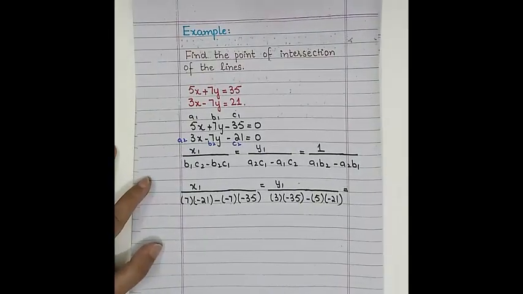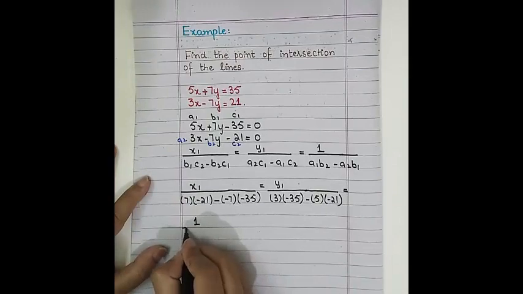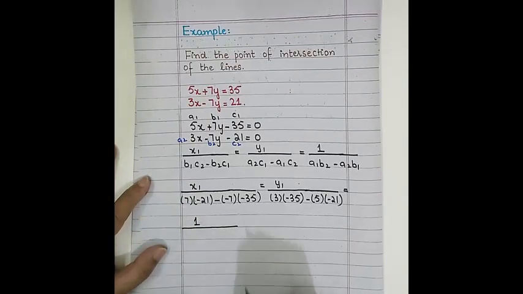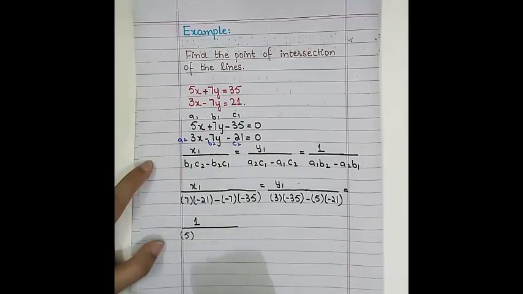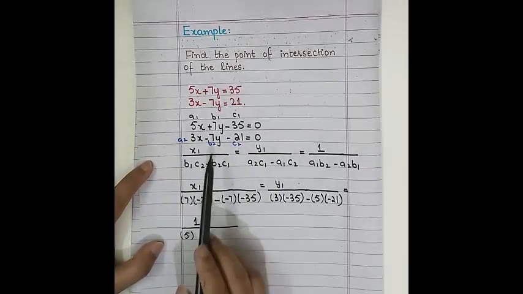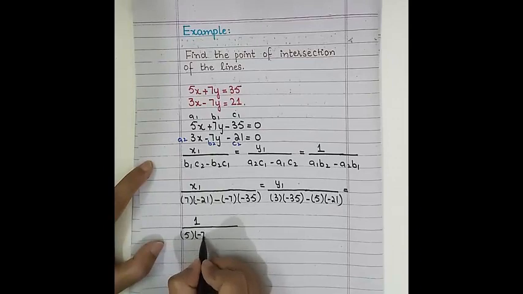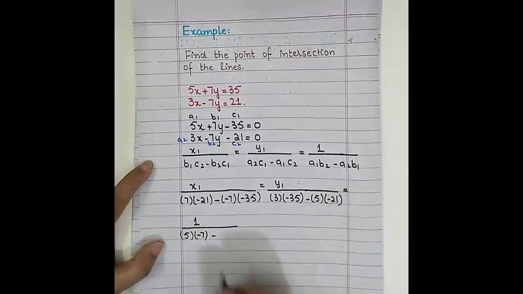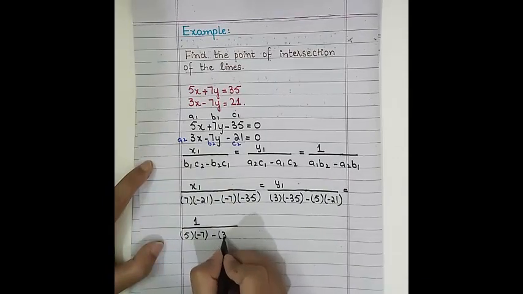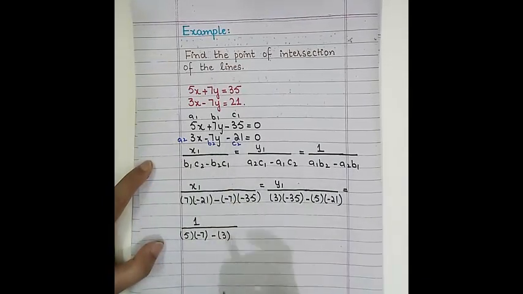This is equal to 1 over a1, the value of a1 is 5 and the value of b2 is minus 7, minus the value of a2 which is 3 and the value of b1 which is 7, right.